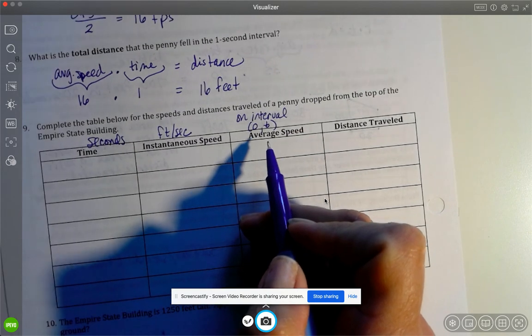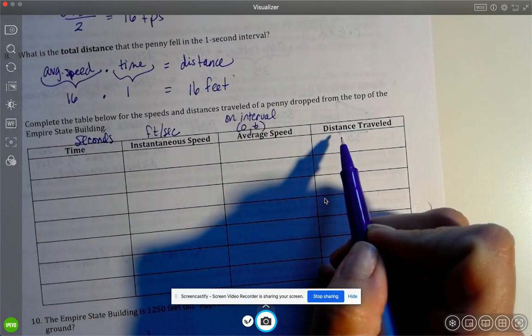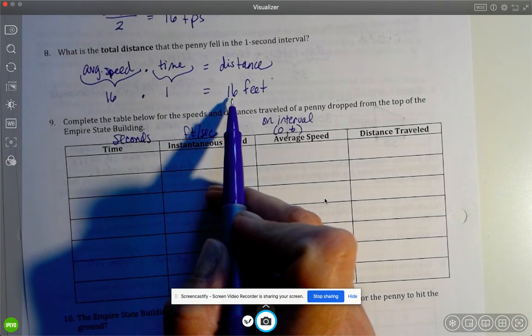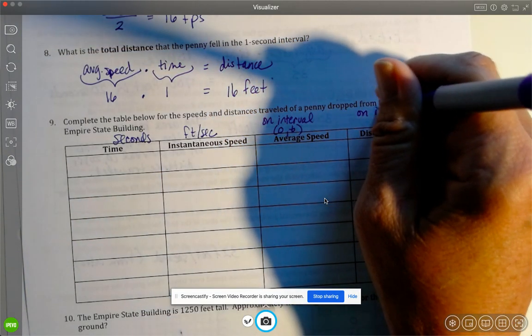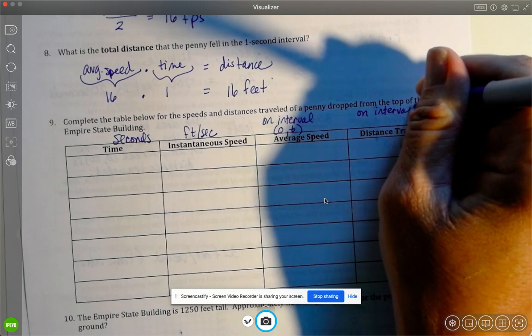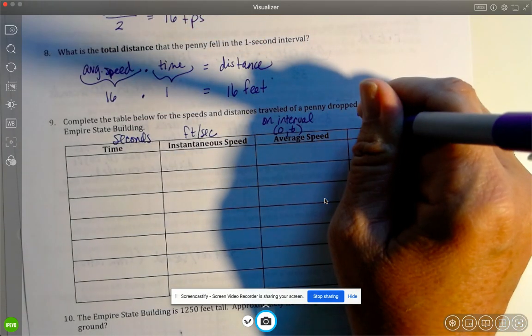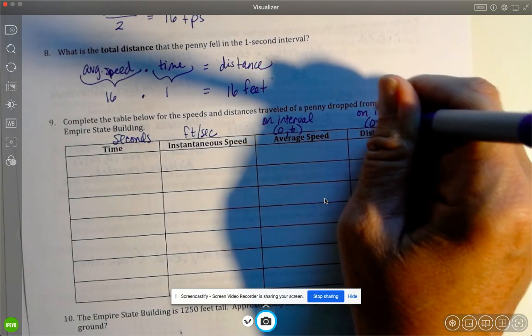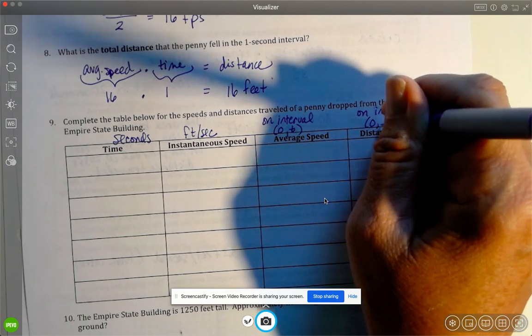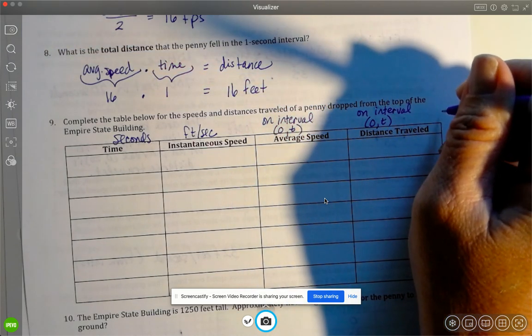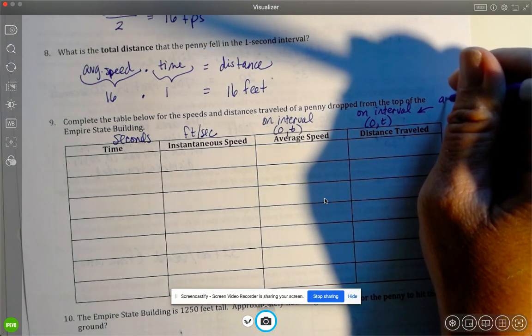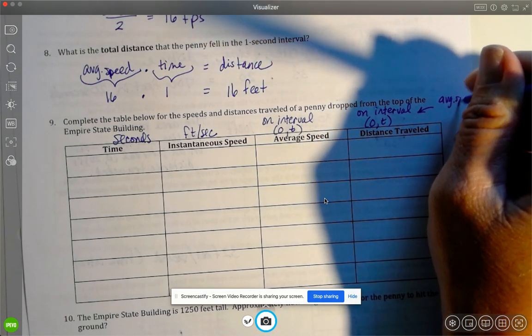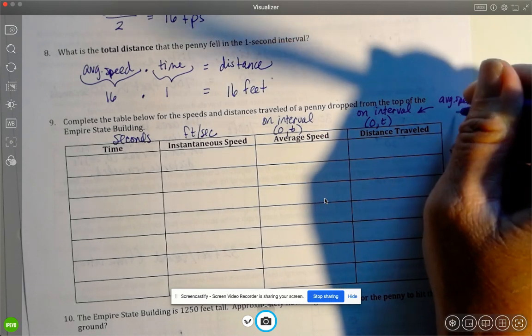And then distance traveled, you'll find is the same, right? This is on the interval. Distance traveled on an interval from 0 to t. Because you're going to figure this out using the average speed times the time.